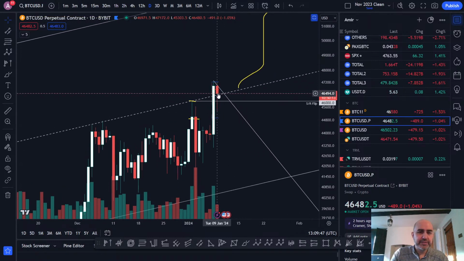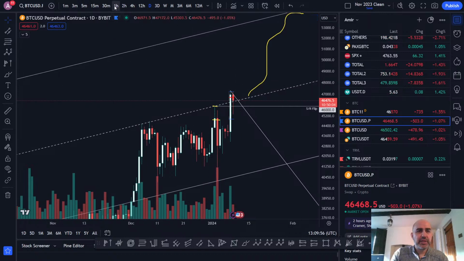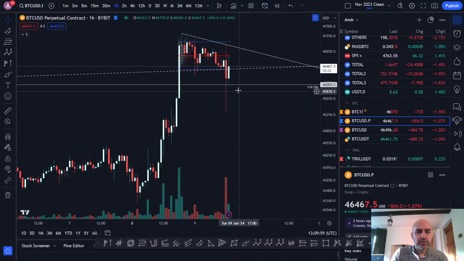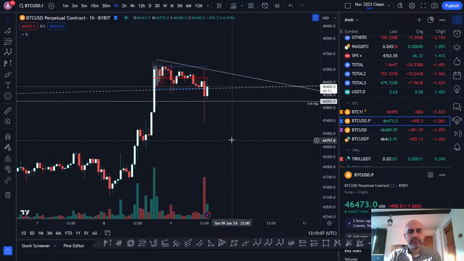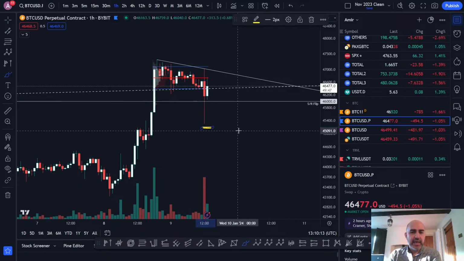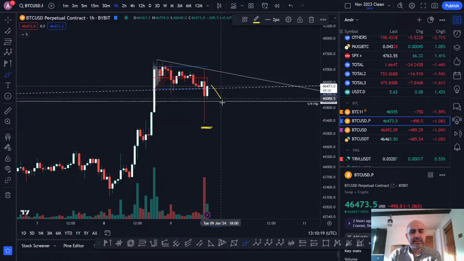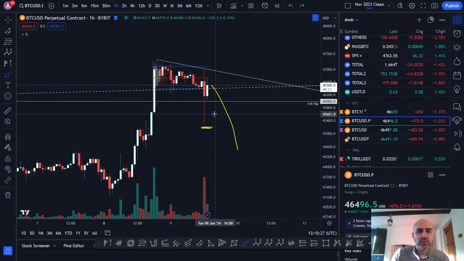So I just want the daily to close above that. I don't really care about the lower time frame because this is a higher time frame channel. But on the lower time frame, we don't want closes underneath this SR flip. And at the moment, this is your invalidation point. So anyone now taking long will have their stops here, because you're not expecting the price to go down, and that would look weird, right? So the problem is that it's just quite far away.